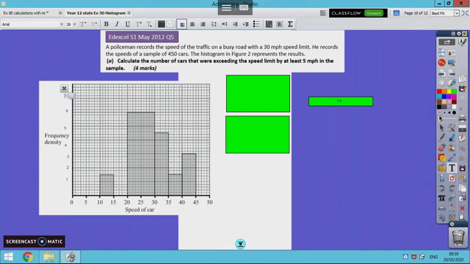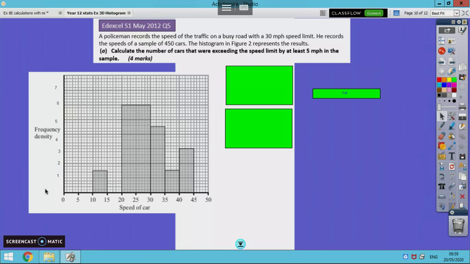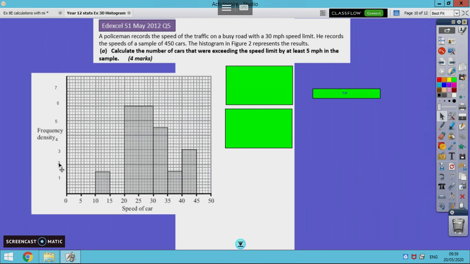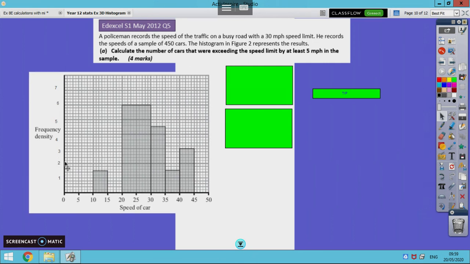Okay, so we've got that down the bottom. Let me just make sure they're lined up well. We're going up in 5s, really, is what we're doing.